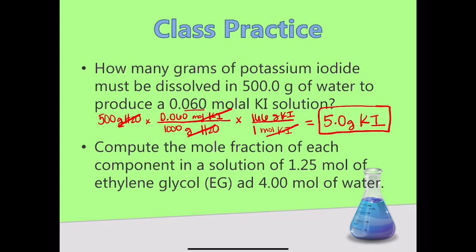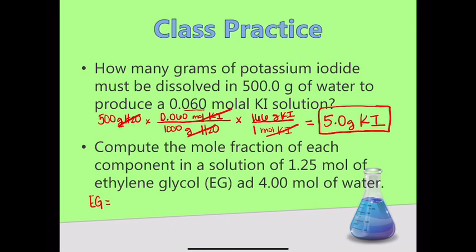All right. Let's take a look at the next one. It says compute the mole fraction of each component in a solution of 1.25 moles of ethylene glycol and 4 moles of water. So let's do our ethylene glycol first.